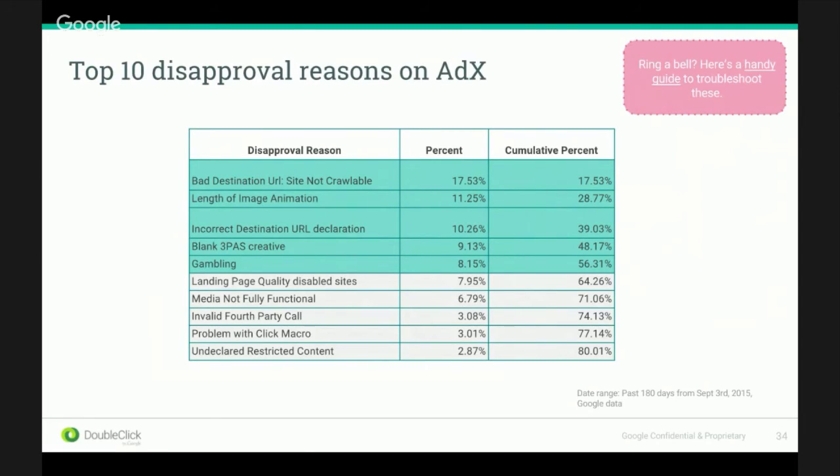The next one is length of image animation. There are a lot of violations on that. Then incorrect destination URL declaration, blank ad creative, and gambling. These are the top ones. The other ones I'll just call out so you're aware of them: landing page quality, disabled sites, media not fully functional, invalid fourth-party calls, problems with click macros, and undeclared restricted content.